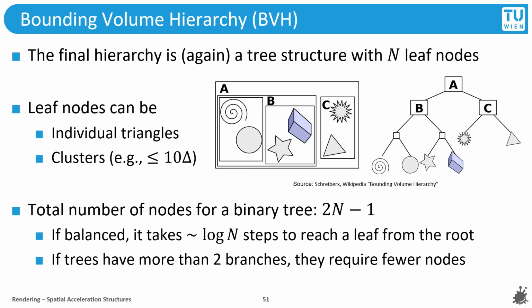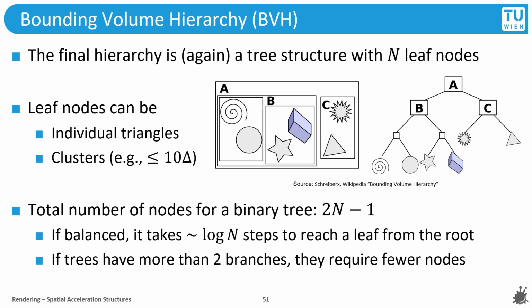And leaves are basically dependent on the generation parameters of the bounding volume hierarchy and could be individual triangles in each leaf, or it could be that each leaf contains a cluster of triangles, for instance, something like 10 triangles or less. And the total number of nodes in the final tree is directly dependent on the number of leaf nodes that we have.